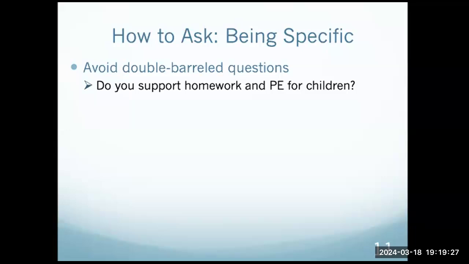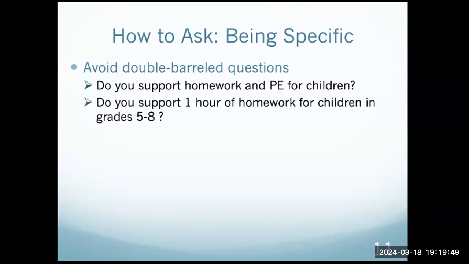What if you support homework but not PE? Or what if you support PE and not homework? And it's a yes or no response, or even if it's a Likert scale response, because it's double-barreled, it's ambiguous both for the person interpreting the answer and for the person who's answering the question. So you want to avoid that. Instead, you break it up.